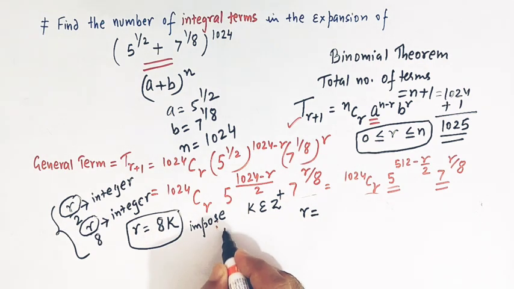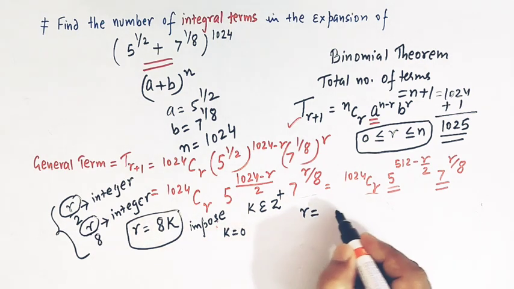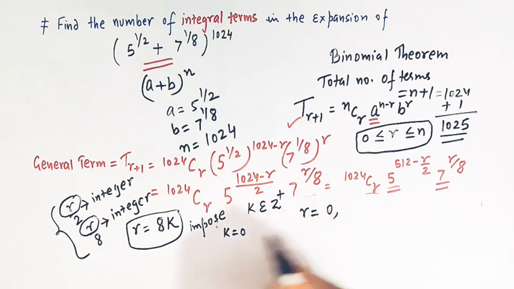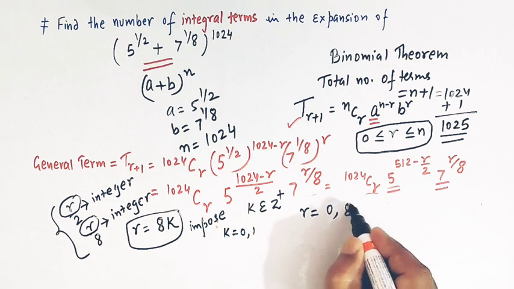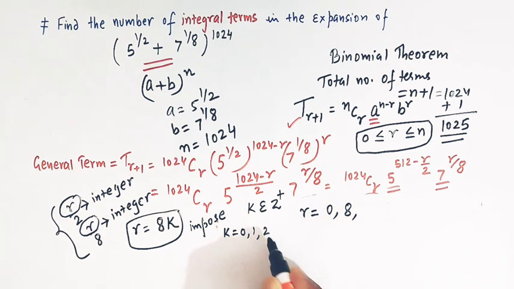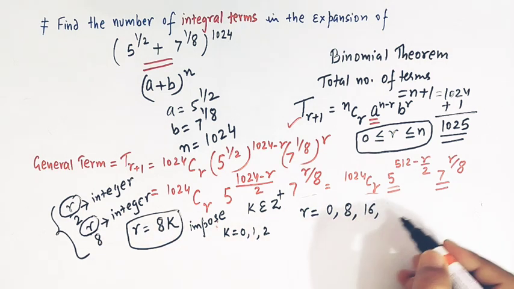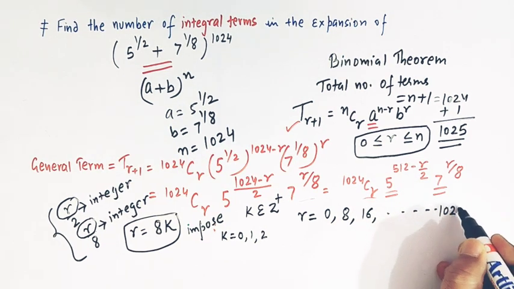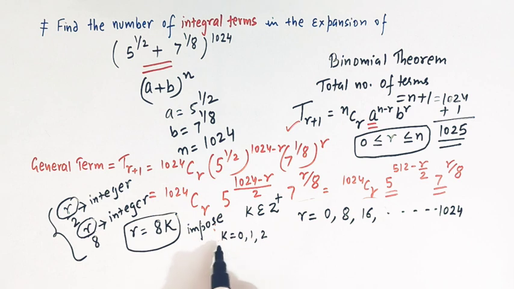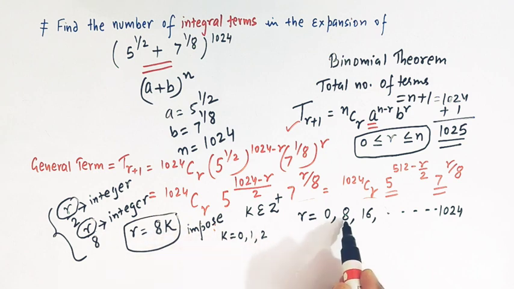Now r can take the values: when k is 0, we have 8 times 0 is 0. When k is 1, r is 8.